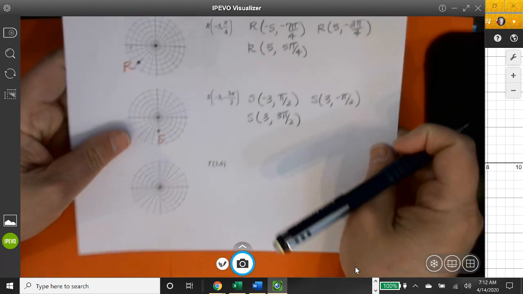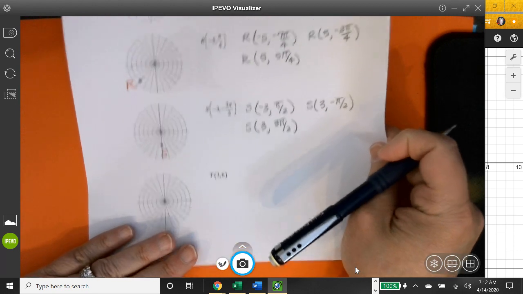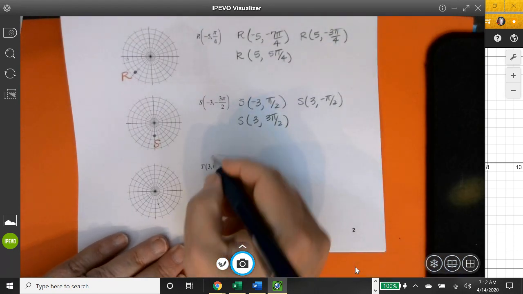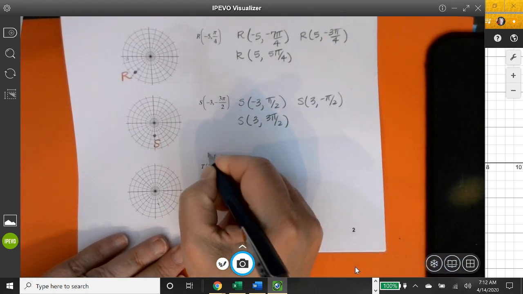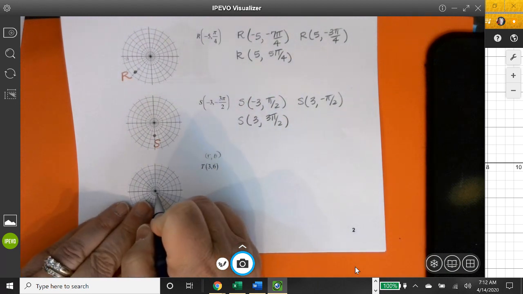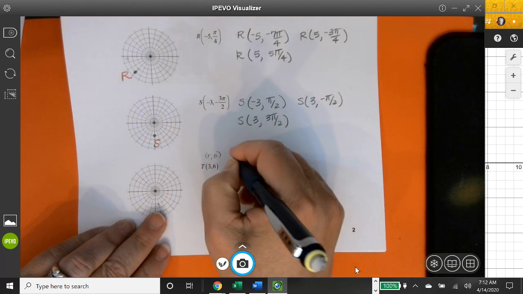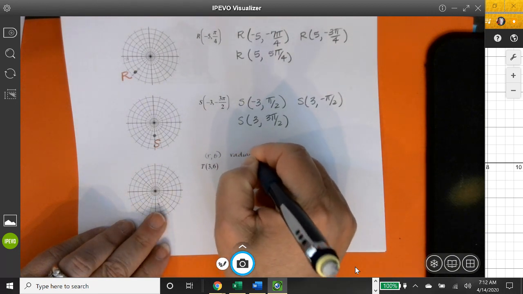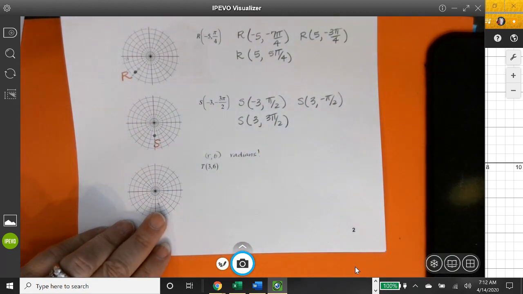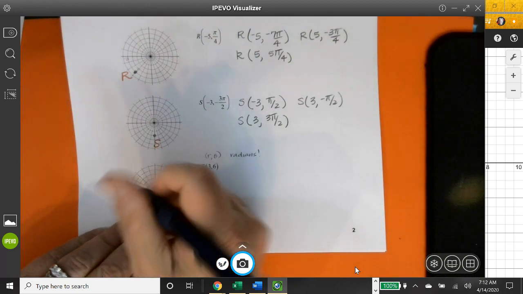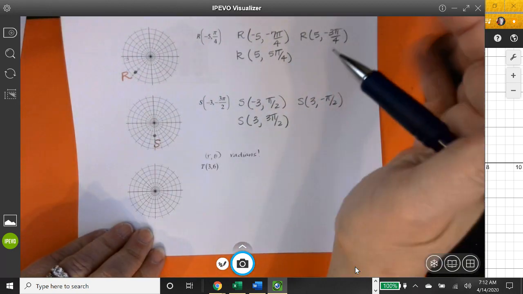3, 6. You know I had to throw one that was more interesting in there, right? Well, remembering still, this is r comma theta, so I'm going to go out radially 3. 1, 2, 3, and then I'm going to rotate 6. Now remember, this is in radians. Now we could have this in degrees, but radians is my measurement of choice for right now.